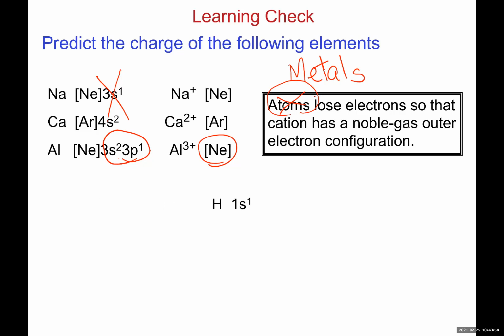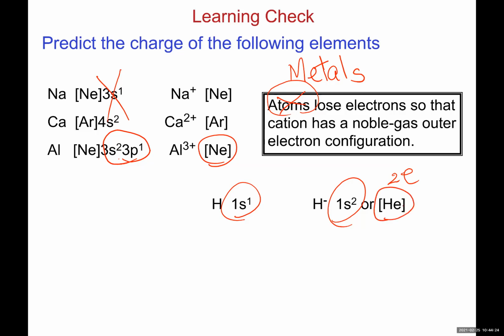What if I ask you guys, what do you expect for hydrogen to do to become stable? What is the noble gas closest to hydrogen? Well, you know helium has got 2 electrons. Hydrogen has 1 electron. If hydrogen gains another electron, it's going to be having 2 electrons in the outer shell, 2 electrons in the only shell, which is the first shell.